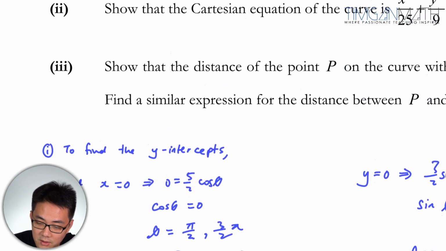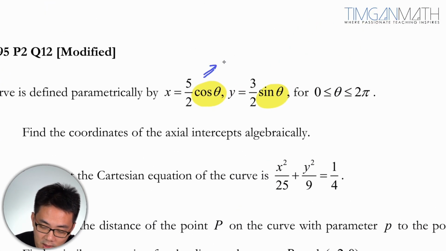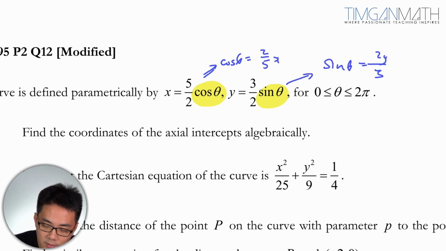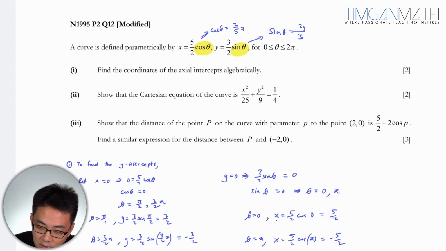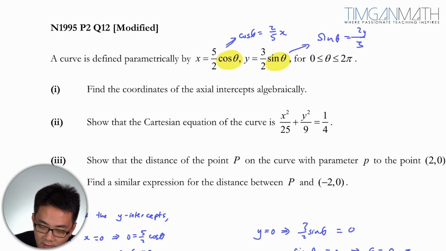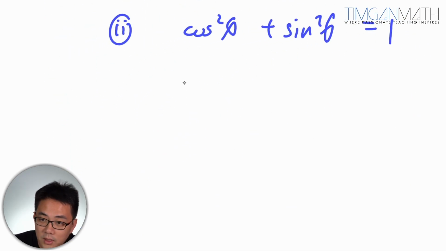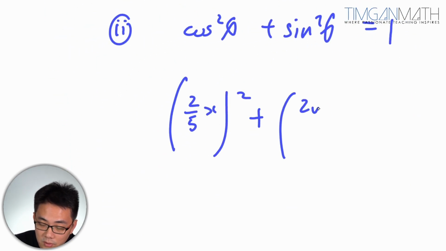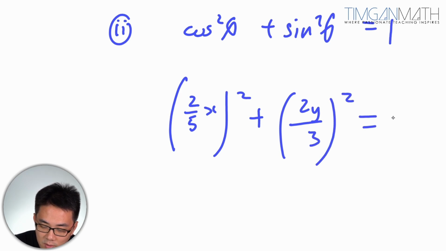From this value, I know that cosine theta is 2 over 5x, and sine theta is 2y over 3. So I could just substitute this in. Cosine is 2 over 5x, squared, plus sine, which is 2y over 3, squared, equals 1.